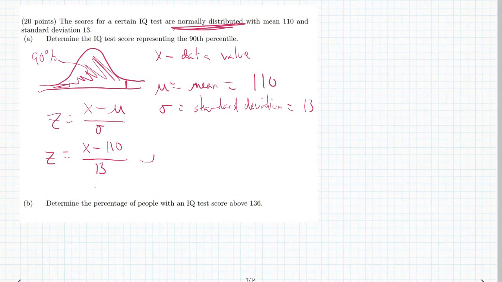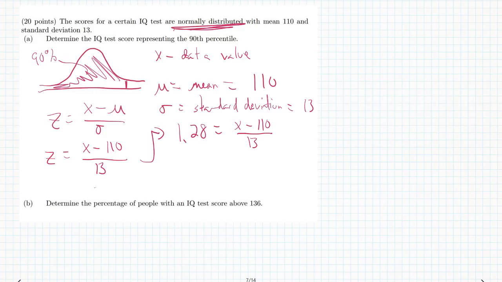So we can rewrite this as 1.28 equals x minus 110 divided by 13. All right. So now you take 1.28 times 13, so 1.28 times 13 equals x minus 110.